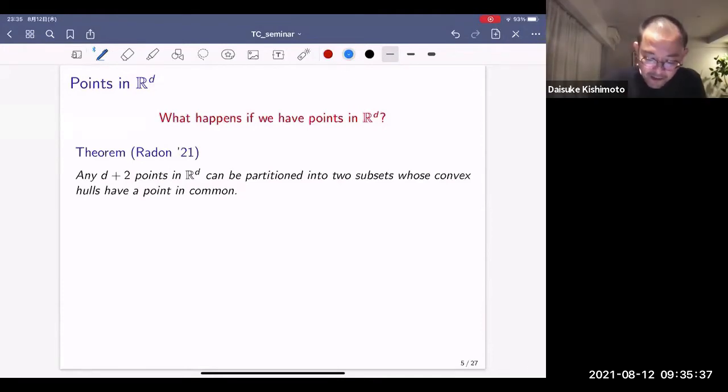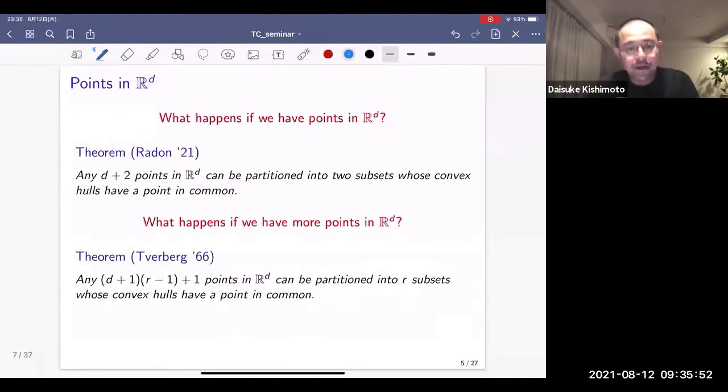Okay, so you may think that the number of points is too small because it's d plus 2, just two more than the dimension of the Euclidean space. So you can ask what happens if you have more points in R^d.